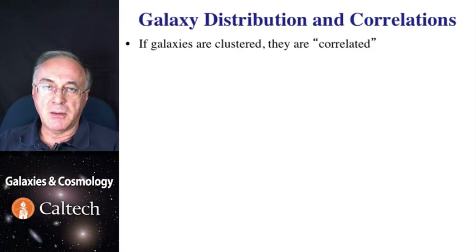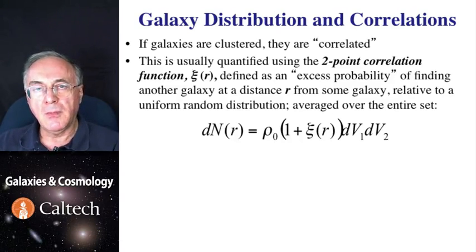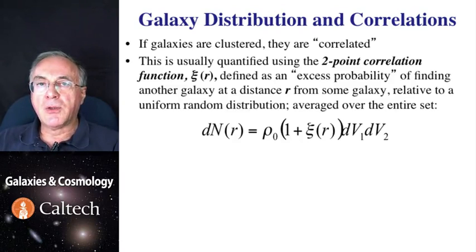What it means is that if galaxies are clustered together, they're correlated. Each galaxy is somehow more likely to be found next to another galaxy. And one way to quantify this is to ask the question: assume that galaxies are actually uniformly randomly distributed in space.